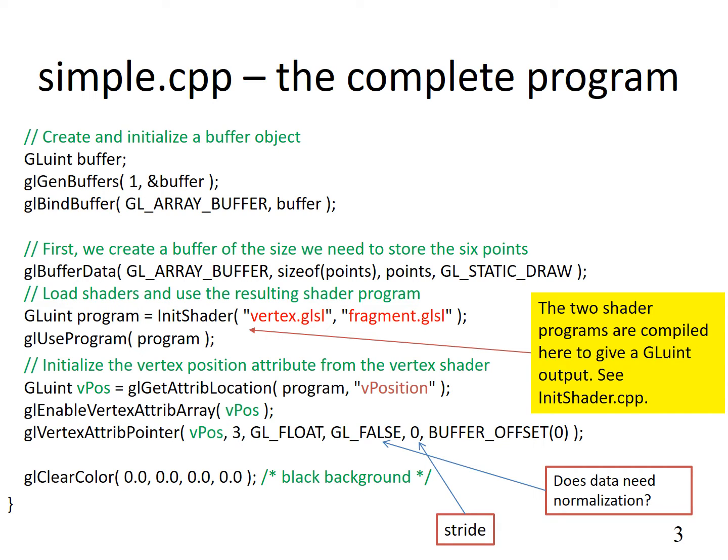In the third line, we bind the buffer to the OpenGL array buffer. Notice that we are using the reference symbol, the AND symbol here. It is recommended that you refresh your knowledge of pointers and references in C++ to better understand their use in the context of OpenGL programming.